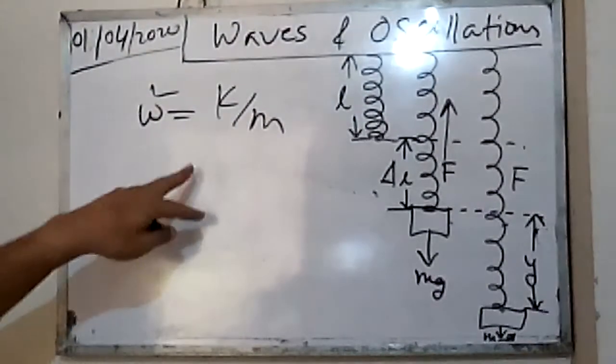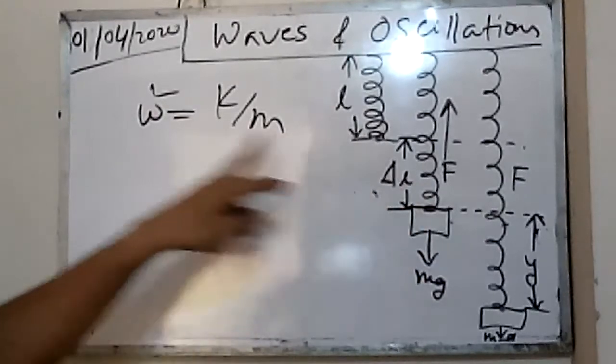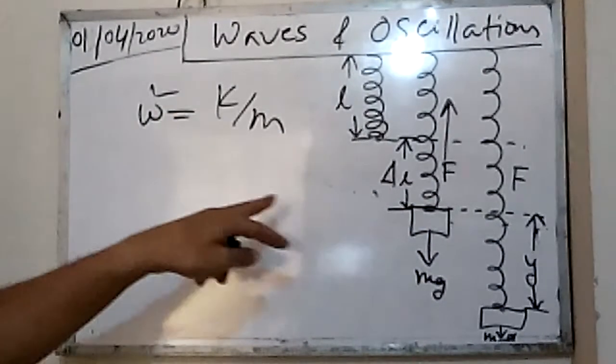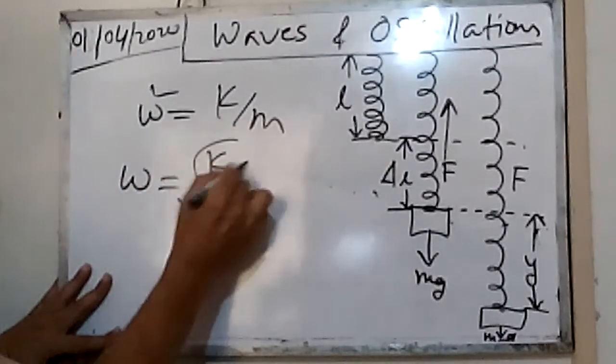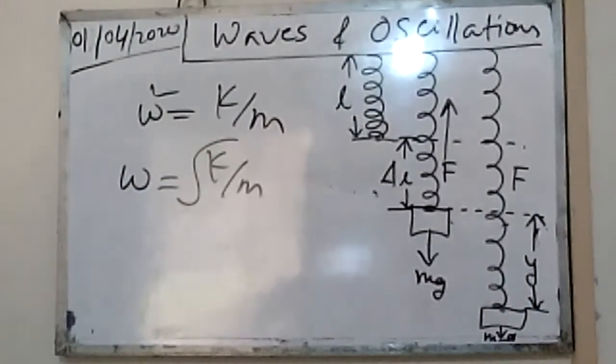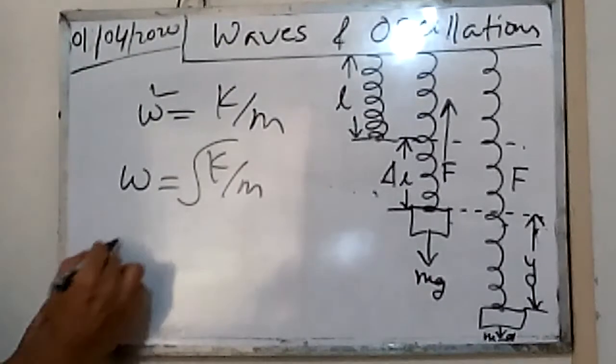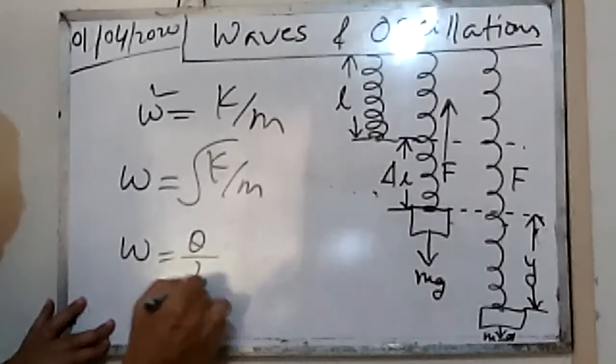Now finally for the spring mass system, we got omega square equal to k by m and omega equal to root over k by m. Now we know omega equal to theta by t.